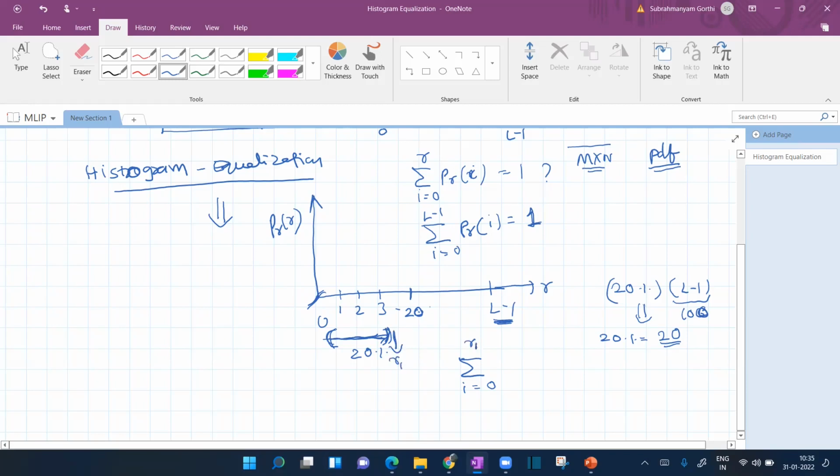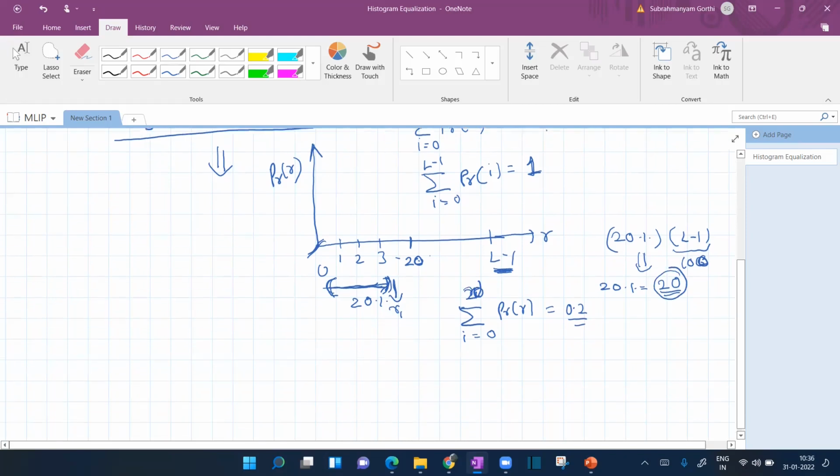That's where I am getting it. PR of R should be equal to 0.2. Here I wanted 20%, or if this is 20 in this case, I should get 0.2.